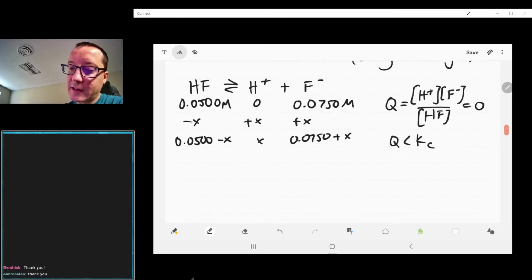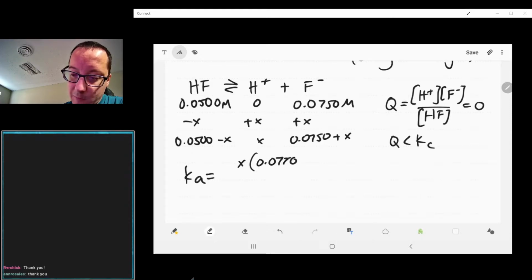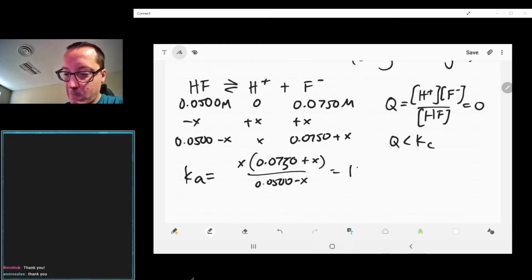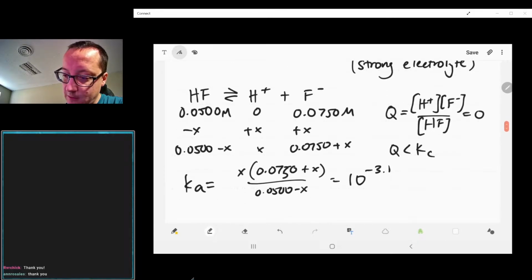And so if we go ahead and set our Ka expression up, we have X times this value, and that was 10 to the negative 3.14. So we can solve for X here.